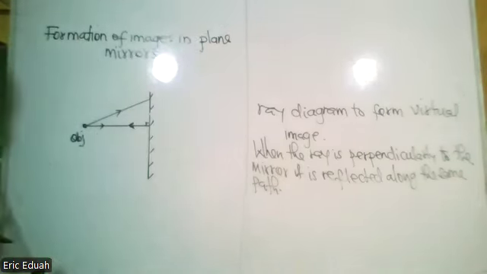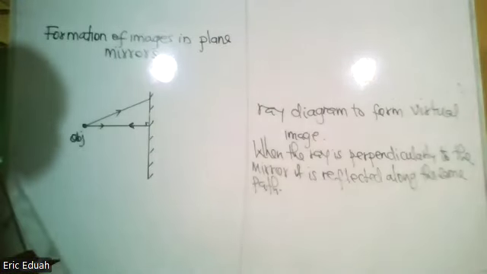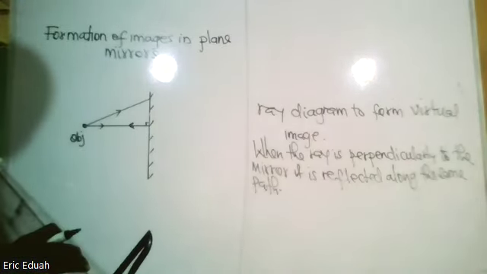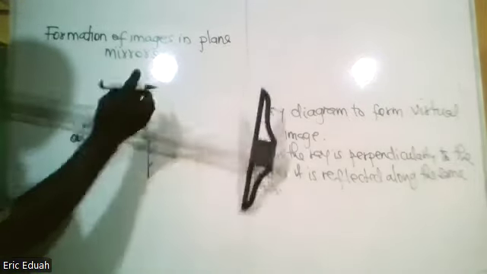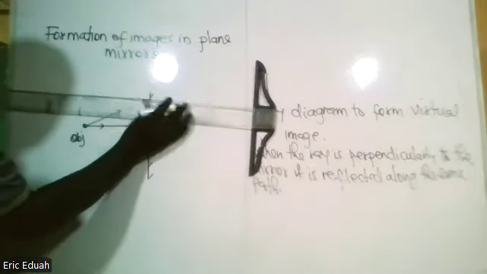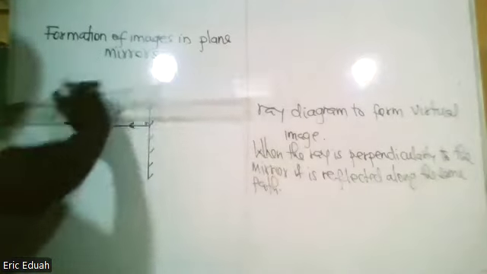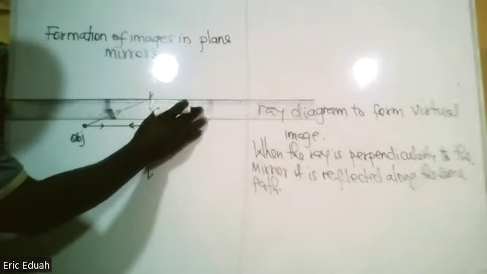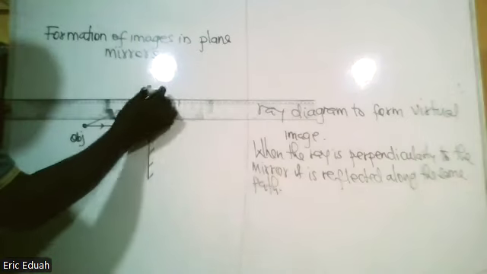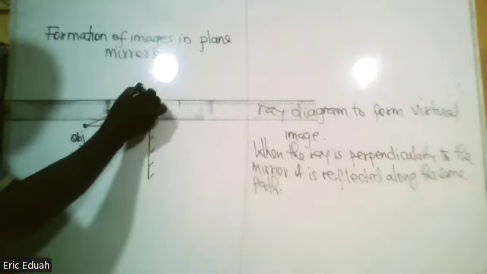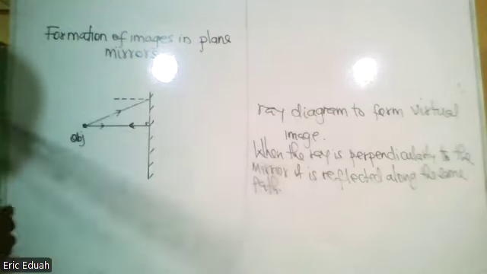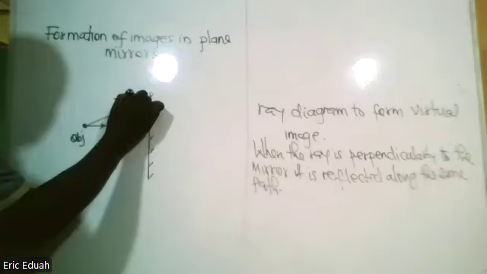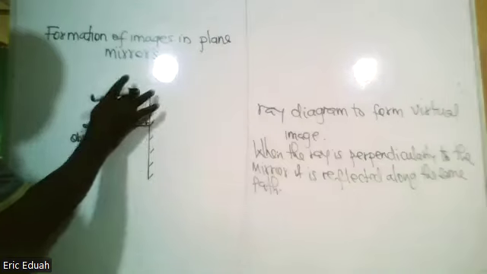The ray reflects and obeys the laws of reflection, meaning there must be a normal drawn. The normal is also perpendicular to the mirror. So draw a normal from that point. Once the normal is drawn, the angle of incidence must be equal to the angle of reflection.